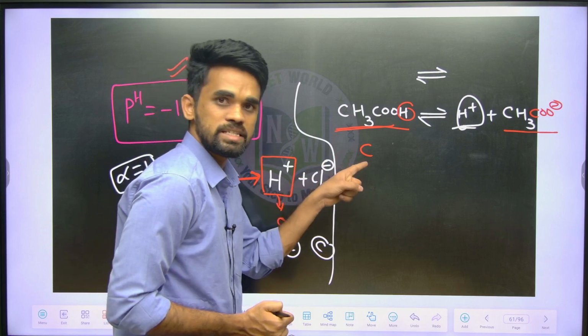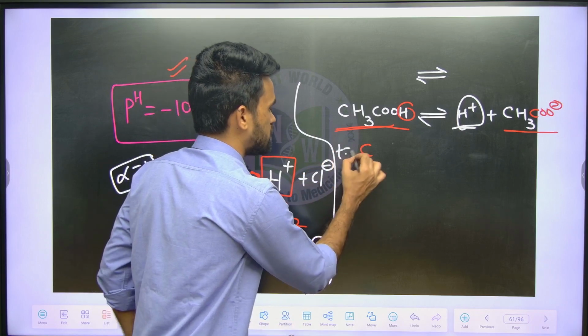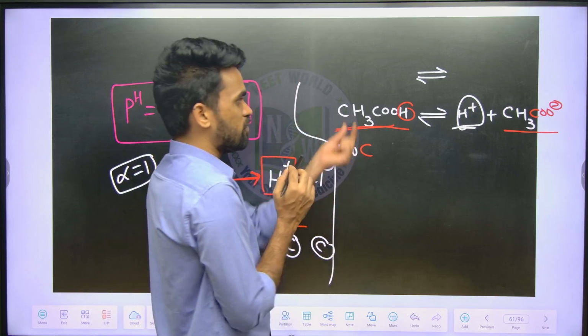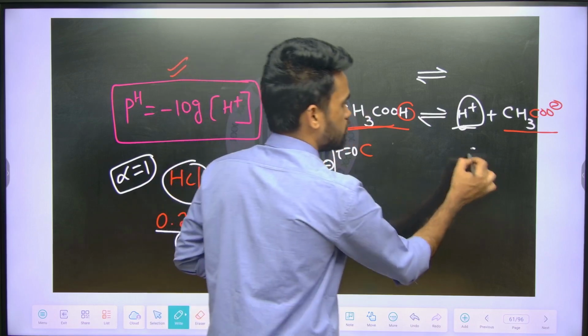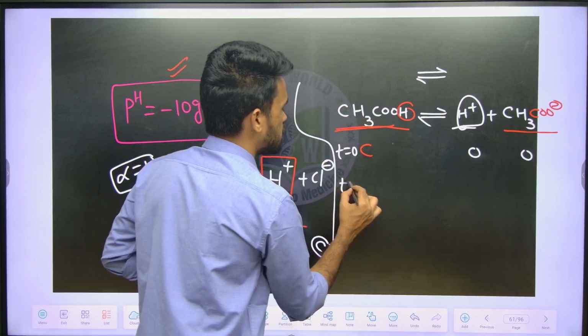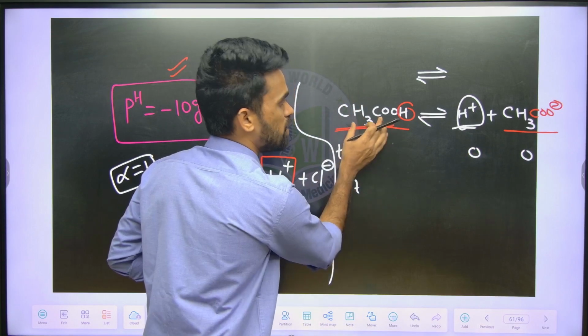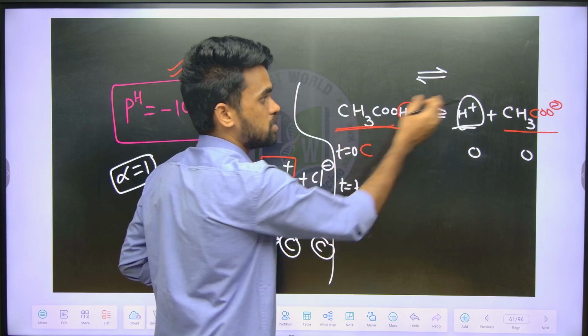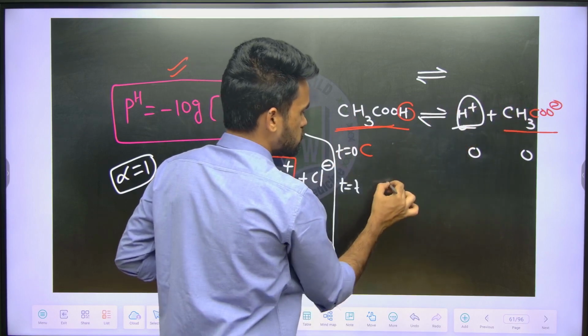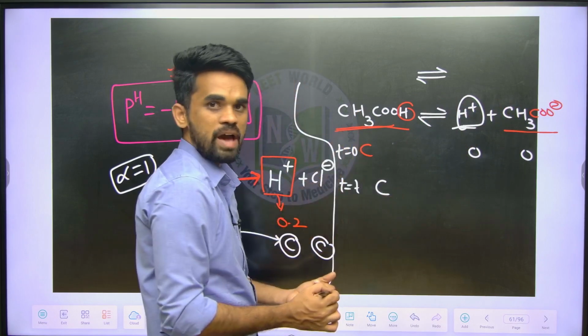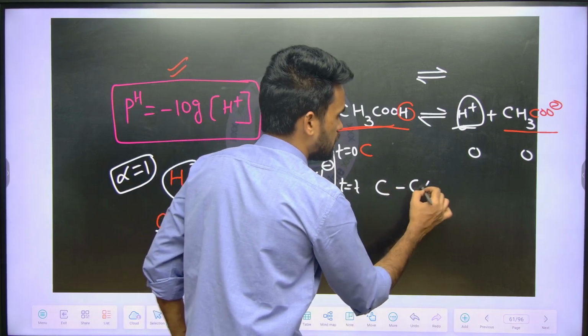But if I say C concentration for the acid at the beginning, the ions will be 0, 0. So after some time what happens? The acid will dissociate to give H plus and acetate. Out of this C amount of acid, some amount will get dissociated.